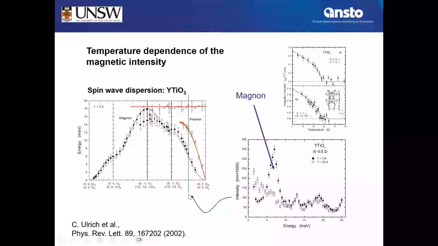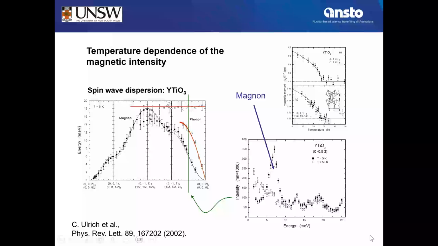And now we measured a constant energy scan here along that line. And we get 3 peaks, one here, one here, one here. This is the raw data. First peak, second peak, third peak. Now we repeated that measurement at high temperature, 5 Kelvin low temperature, 50 Kelvin high temperature above the magnetic phase transition.